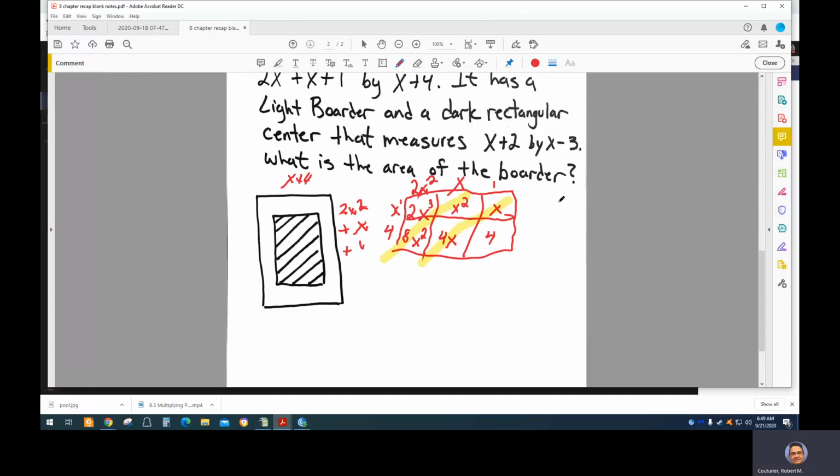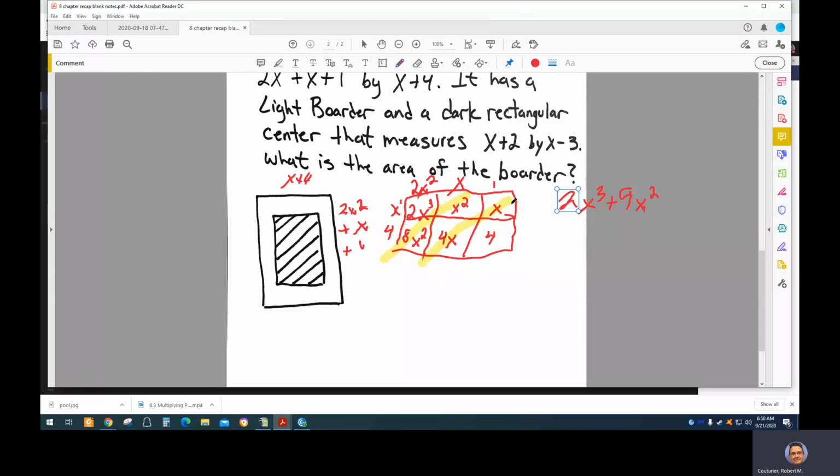So we end up here with what? 2x to the third power plus, well, we have 8 of these, and one of these gives us 9x squared.